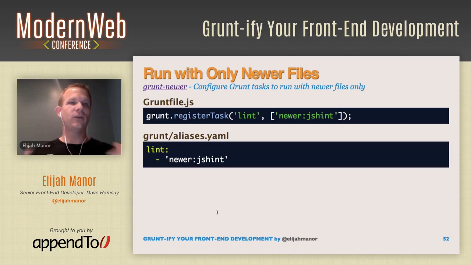And then the next time, if you're doing a watch, for example, and I only change one file, there's no necessary reason to go and rerun everything if only that one thing changed. So grunt-newer is supposed to, if I only change one JavaScript file, just hint that one. Don't worry about redoing everything from scratch. And so this could really speed up your builds, especially if you have a watch task and you want it to be fast.